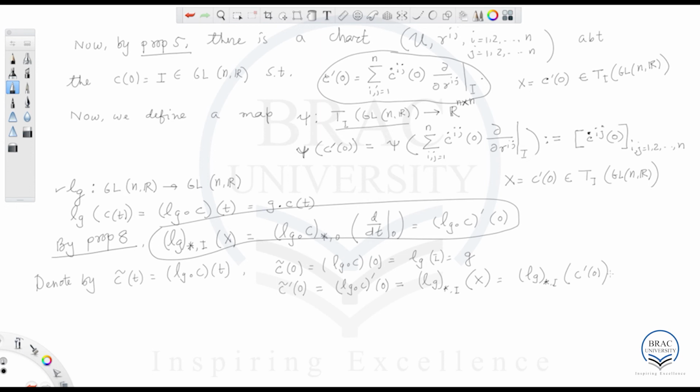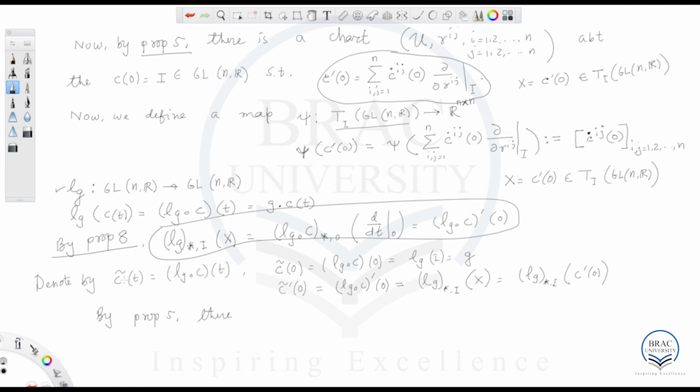Now by proposition 5 again, we are now dealing with this curve C tilde of t in GL(n, R).